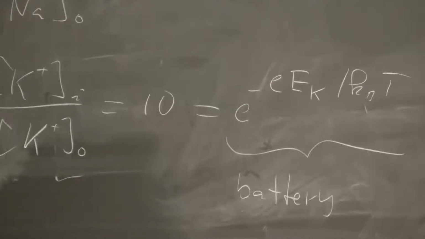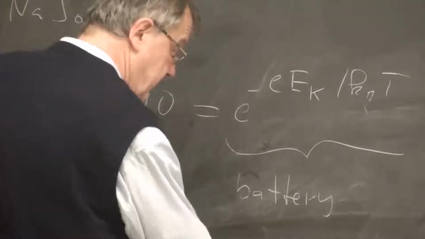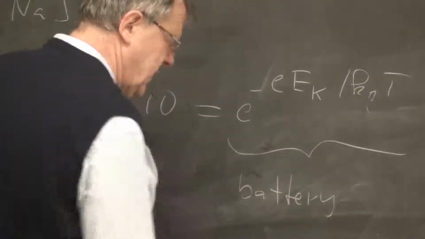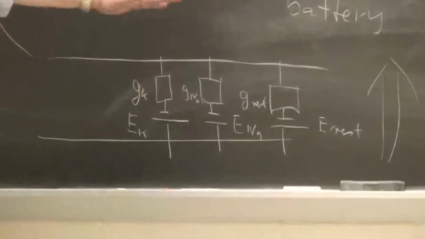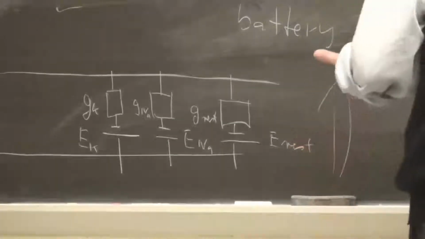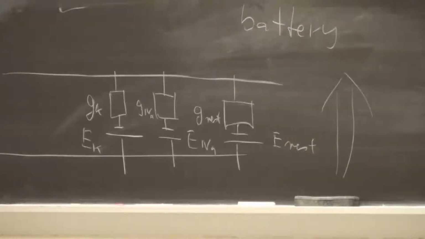And now we get a current across this membrane, and the current is 0 when the system has exactly the potassium voltage inside. Then there would be no potassium current.